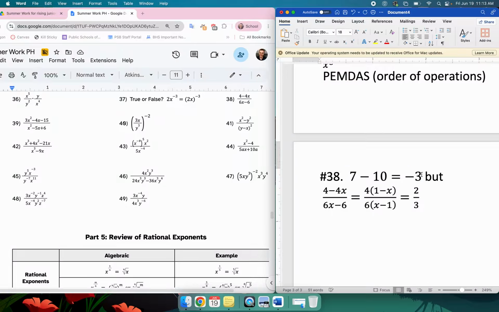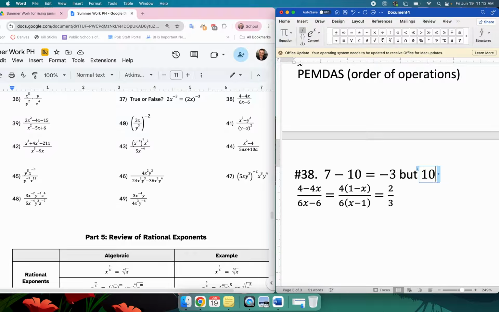But on the other hand, 10 minus 7 is +3. So changing the order of subtraction does give you a different result. However, the difference is predictable. If you change the order of the subtraction, it changes the sign. So 7 minus 10 is the opposite of 10 minus 7.